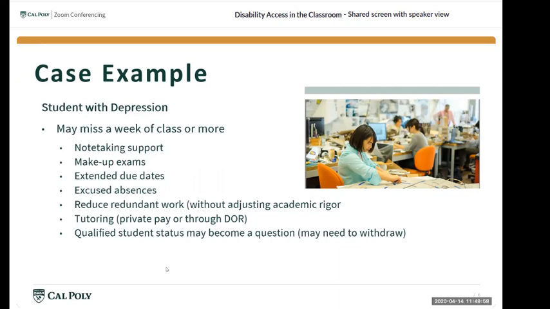But that's never been the case at Cal Poly. We've never had a student who has an emotional support animal that they actually need as an accommodation in order to complete their classwork.